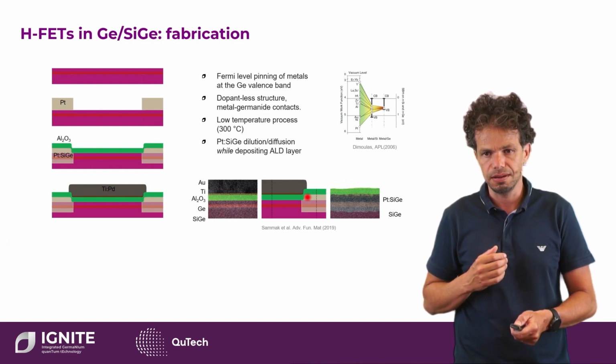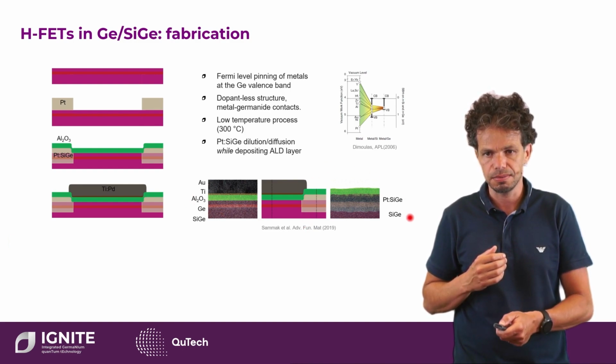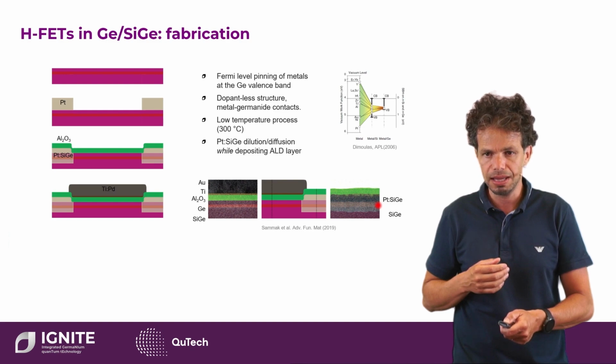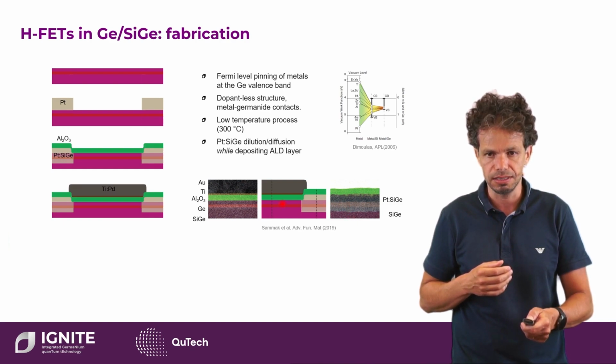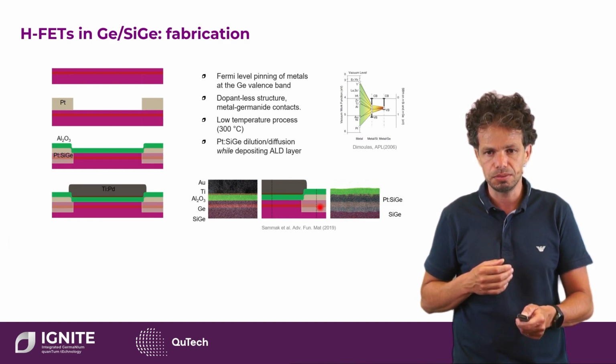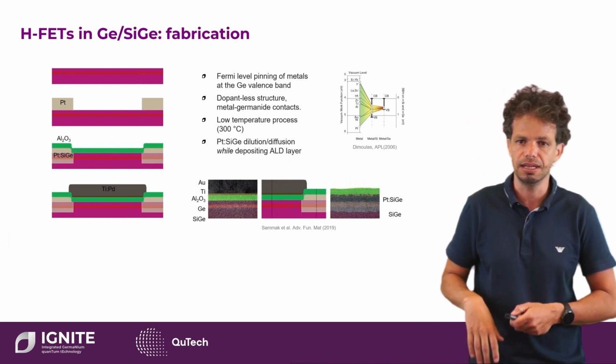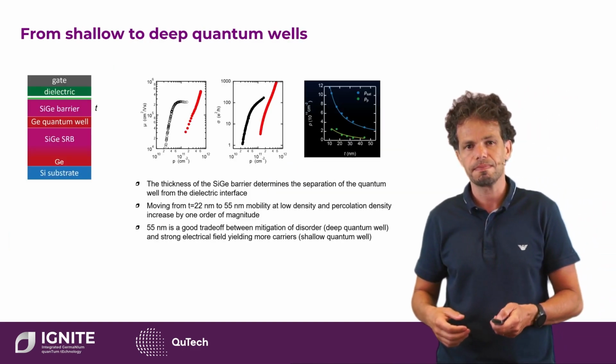Now, if we look at the right-hand image, this is taken as a cross-section through your ohmic contact. You see how the platinum silicon germanium alloy has diffused all the way through the quantum well to provide a nice contact. So in this way, we are able to contact the channel that is accumulated by applying a gate bias to the gate electrode.